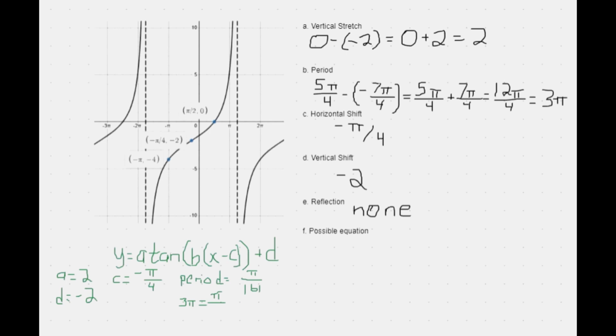So b is actually going to be positive. So that means the absolute value of b should be positive as well.